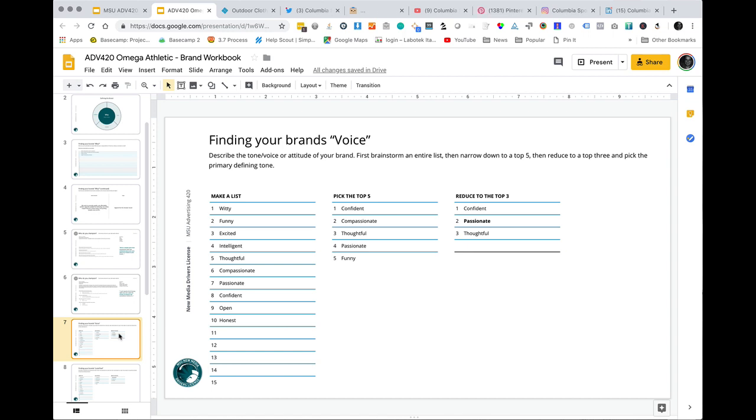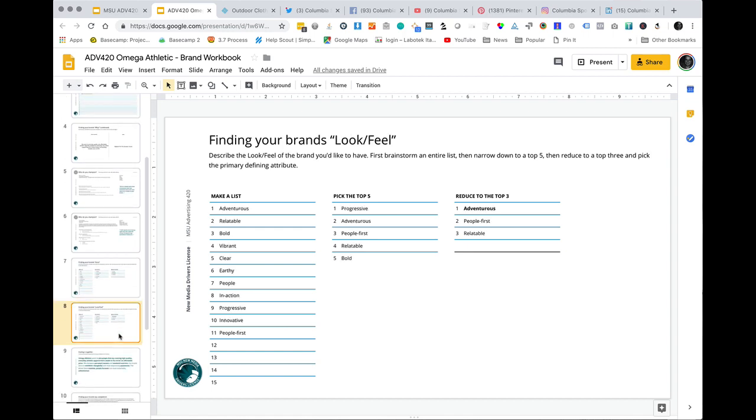And as we thought about it, we whittled it down to confidence, being compassionate and thoughtful, passionate and funny, and then whittled that down to confident, passionate, and thoughtful. Those are the most important things that describe the brand's voice. The most important being passionate. And this should connect with our personas because they're very passionate as well, even in their situations.